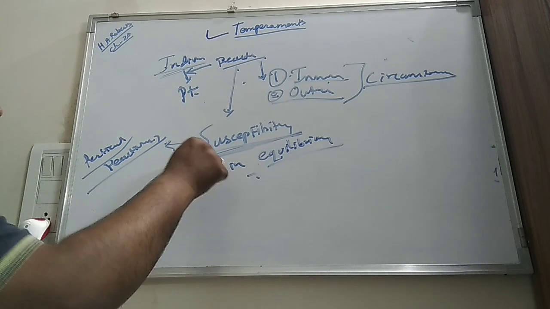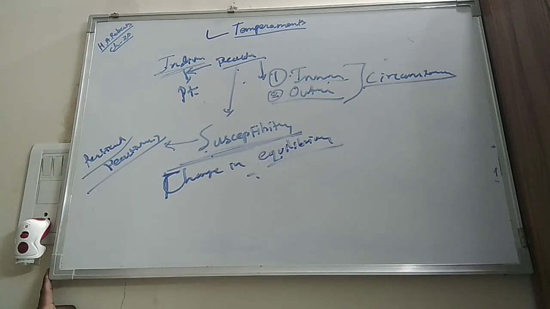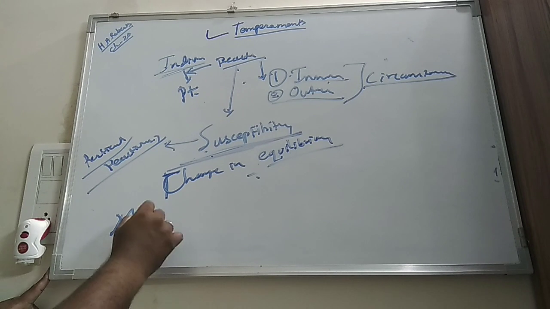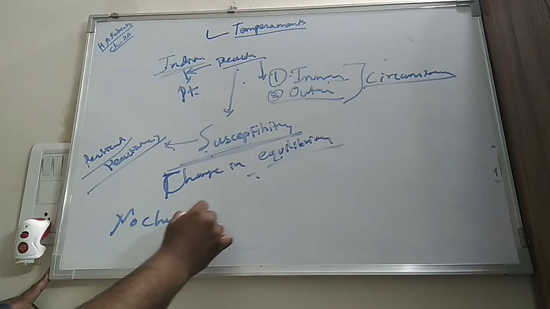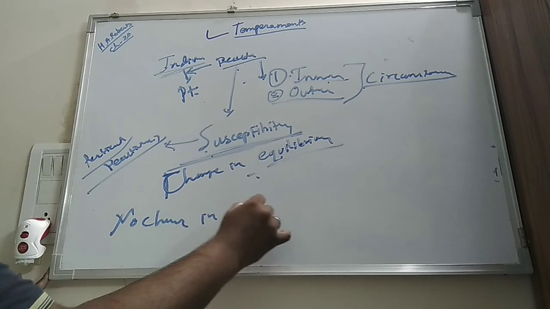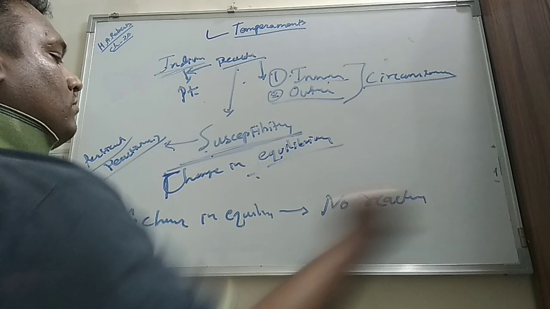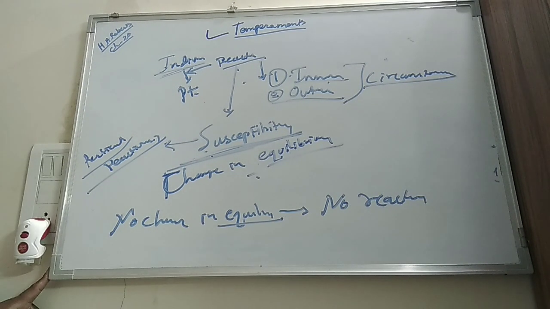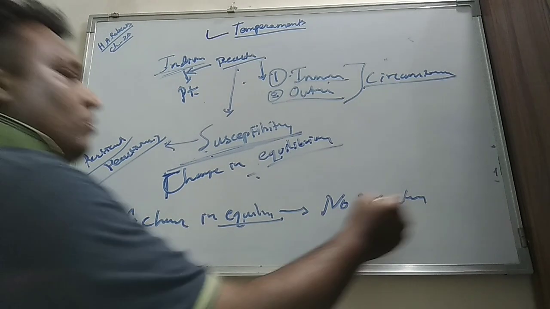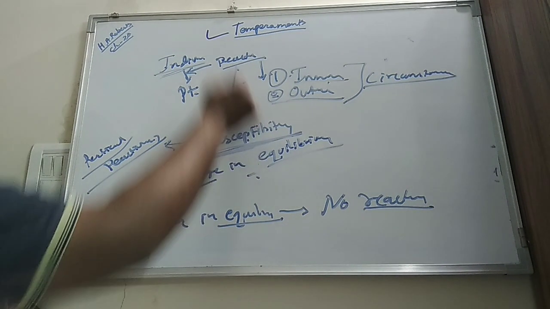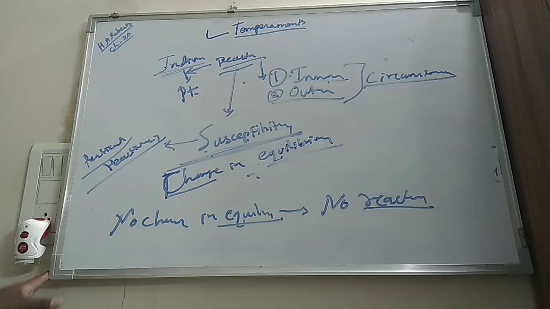Now that happens only when the susceptibility is providing the indication of change in equilibrium. If there is no change, then no reaction. No change in equilibrium, then no reaction. If there is change in equilibrium, then reaction, which provides susceptibility.